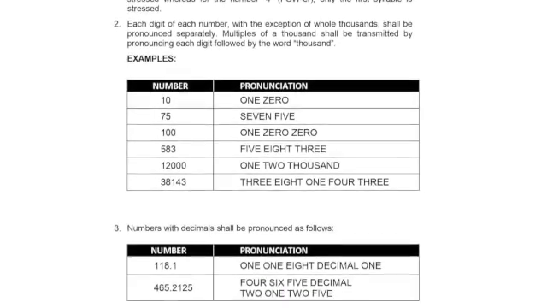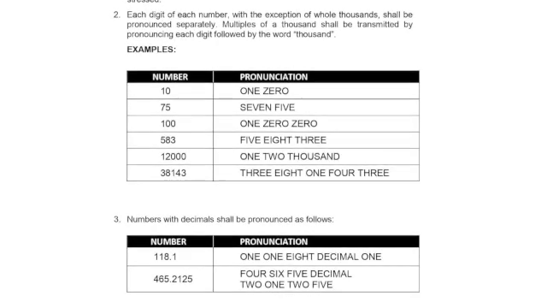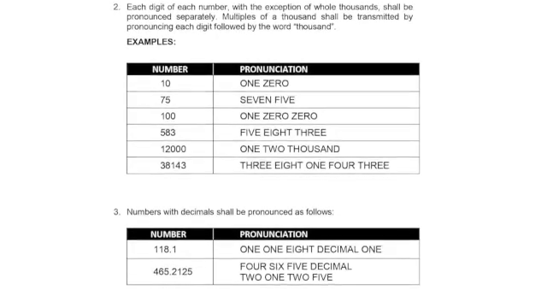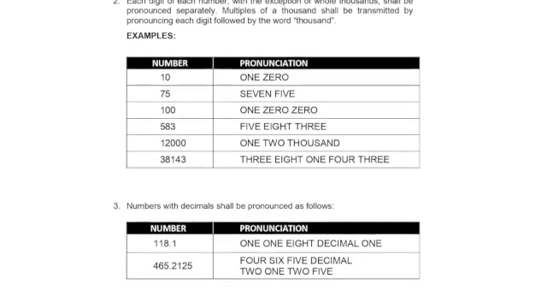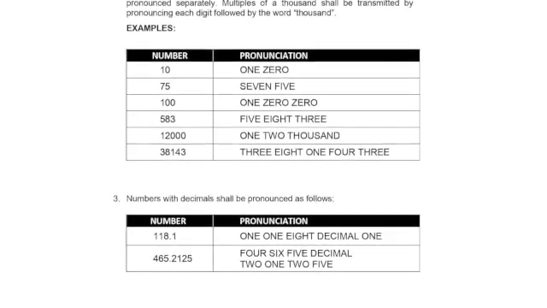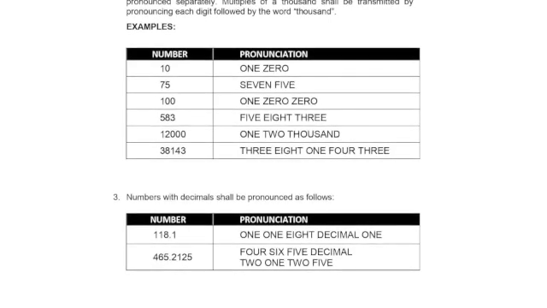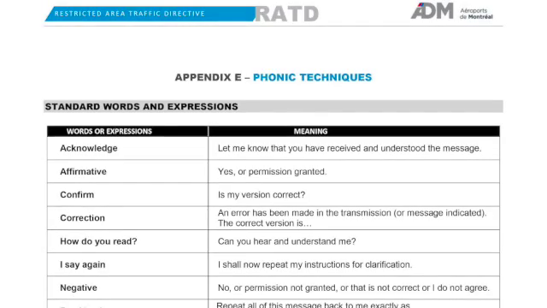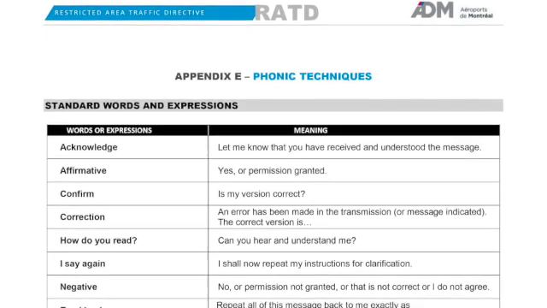Numbers with decimals shall be pronounced as follows: 118.1, 1118.1465, 2125.465.